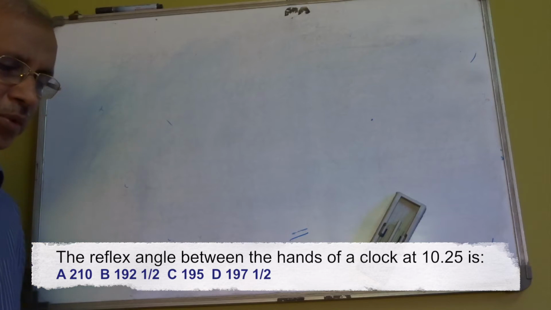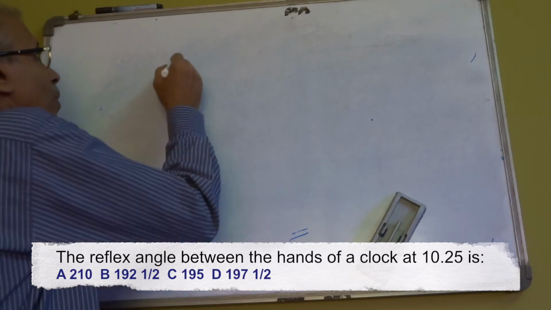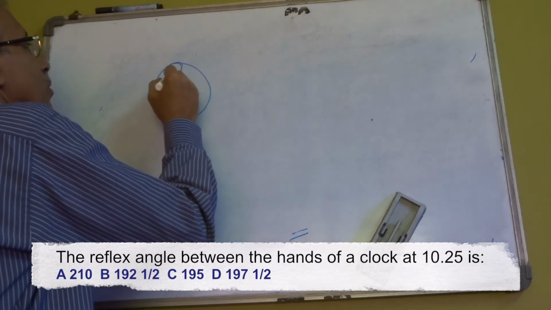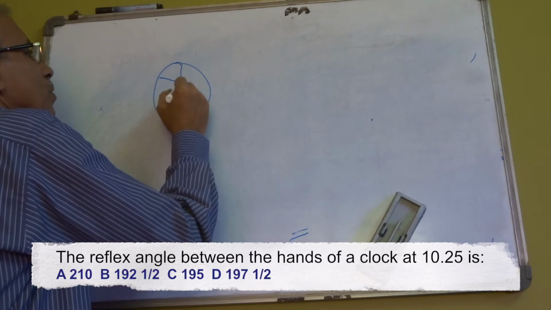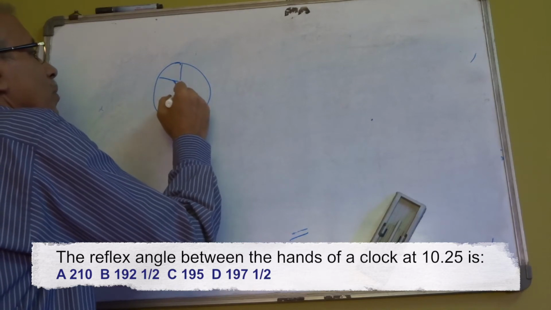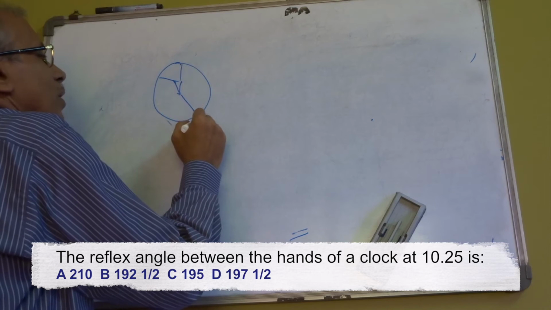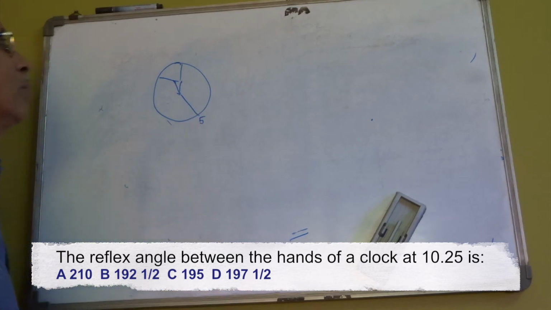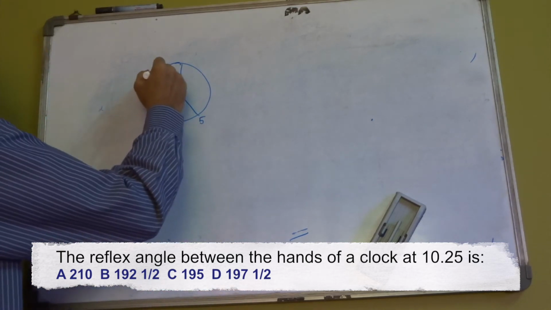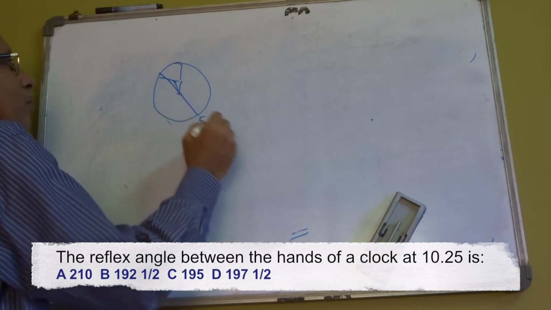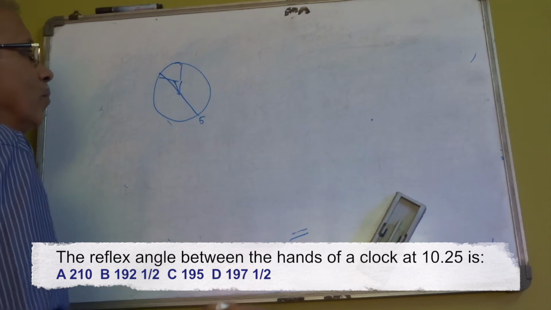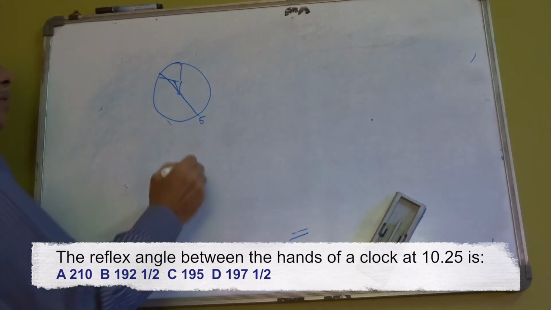The reflex angle between the hands of a clock at 10:25 is? This is 10. This is 25. Now what is the angle?